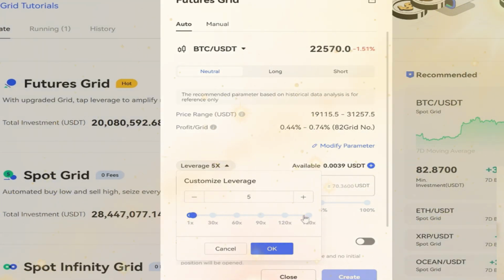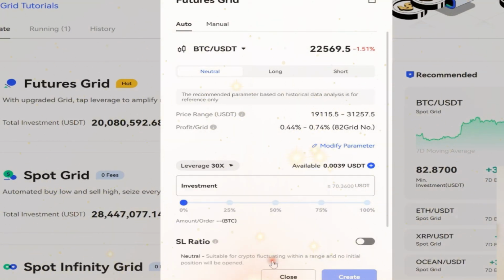If you go further, you are most likely to lose everything. That's the reality. But if you increase the amount of leverage, you can reduce the amount of money that you can invest. As you can see here, if we increase the leverage from 5 to 30, the minimum requirement to start investing with this futures grid is $20.